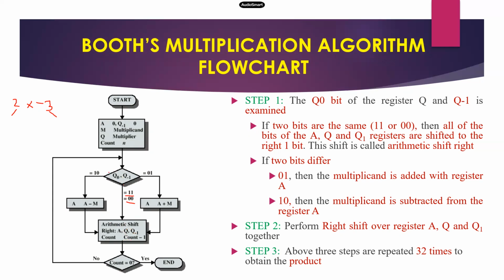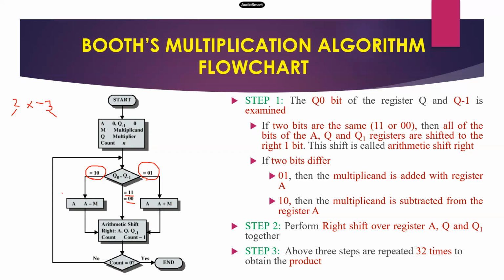In case the two adjacent bits are 1 0, then we have to perform A equals A minus M. If it is 0 1, then we have to perform A equals A plus M. So here the addition will be carried out, and there the subtraction will be carried out. The repeated addition is nothing but multiplication.